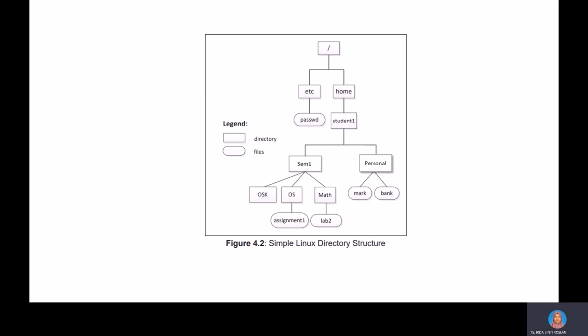Next, look at figure 4.2. This is a simple Linux directory structure as an example. You can see it starts with root, slash is root, followed by subdirectories etc, home, and all subdirectories below it.